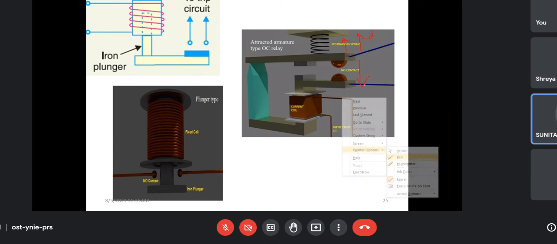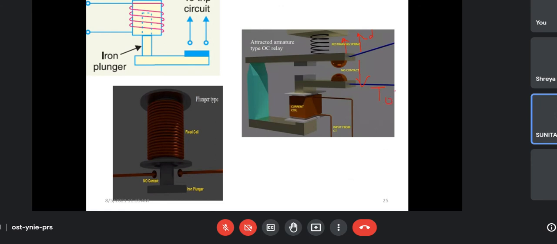So if this is the operating torque T suffix O, then the torque due to the spring, because there will be movement, is the spring constant times the angular displacement. And there will be another torque, say T developed or T applied. So in that case, when there is another restraining torque in addition to the spring, the purpose of the spring there is only to keep the moving part of the relay at a fixed position during rest, not more than that.